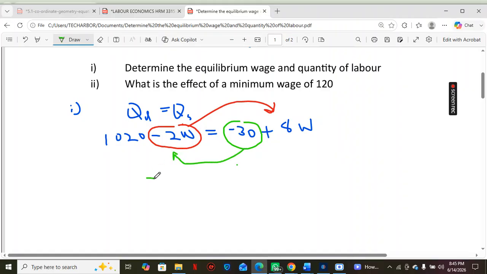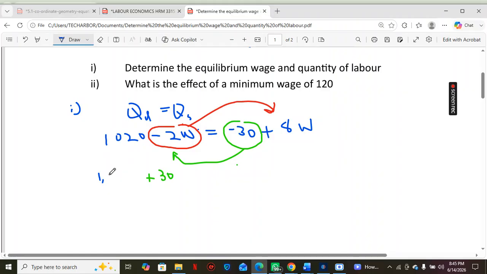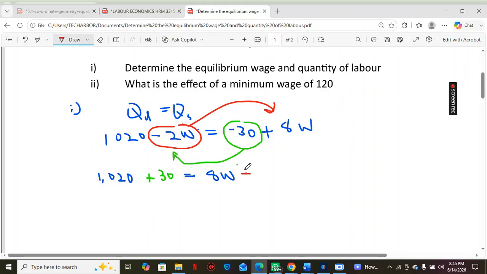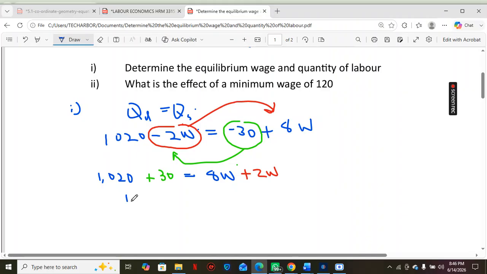So we're going to say 1020 plus 30 equals 8W plus 2W. 1020 plus 30, you get 1050. 8W plus 2W, you get 10W.